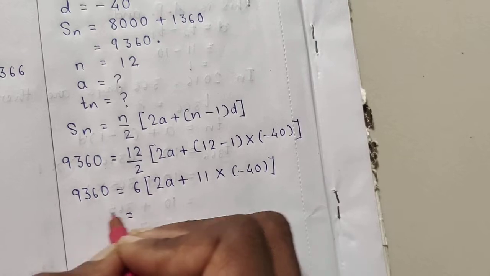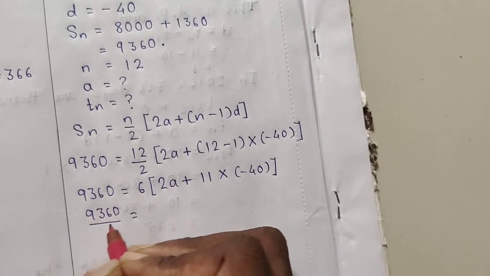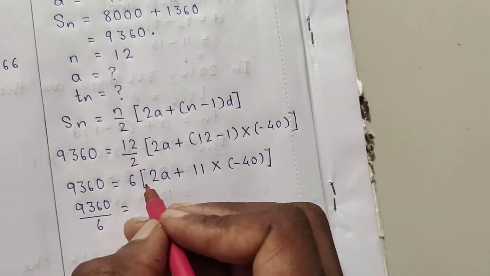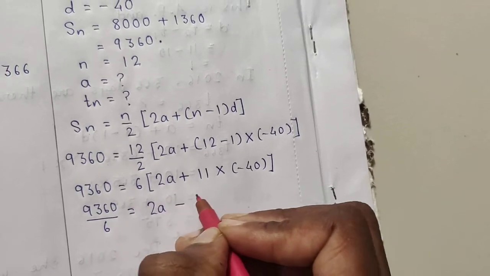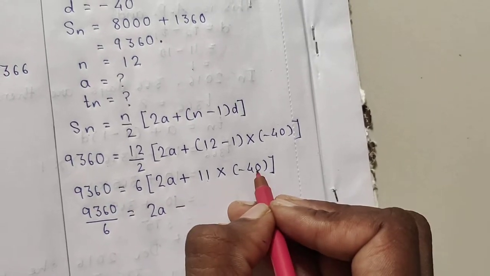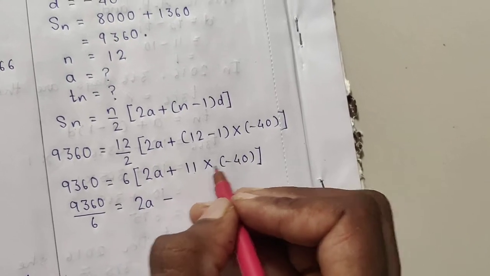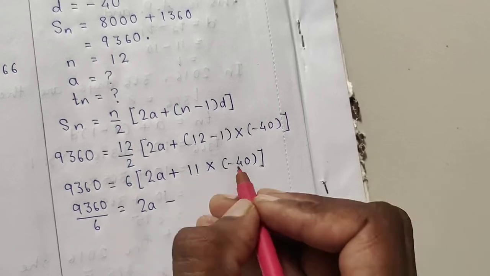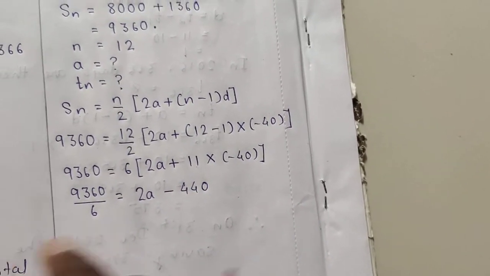Now if you want, you can transfer this 6 to the left hand side, so that it becomes 9360 divided by 6. Okay, now what is remaining here? 2A plus, now see, 11 into minus 40 gives you minus, so that is why I have taken the minus sign. Now we are going to multiply this. 11 40s: 11 4s are 44 and 1 0. Understood this now?